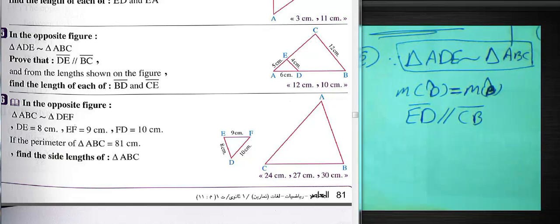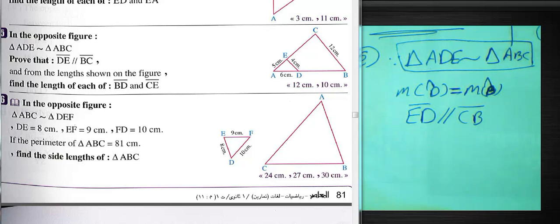If each side of the first triangle is congruent to its corresponding side in the other triangle, the two triangles will be congruent, but in this figure we have similarity between ADE and ABC.